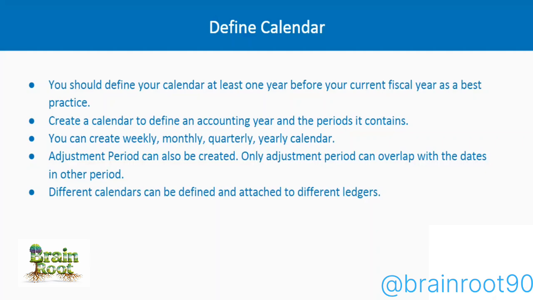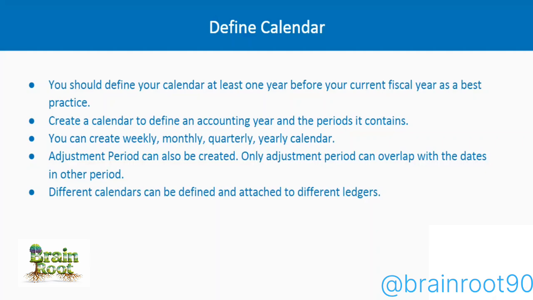Now, what we mean by overlapping date is that when you define the calendar, let's say you are defining January as a period, you will put 1st January to 31st January as my January period. For the February period, you cannot specify that my February period starts on 31st of January and ends on end of February. Because there is an overlapping day between the two, system will not even save that calendar for you.